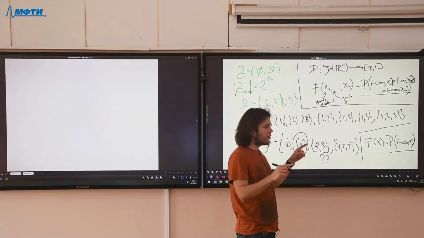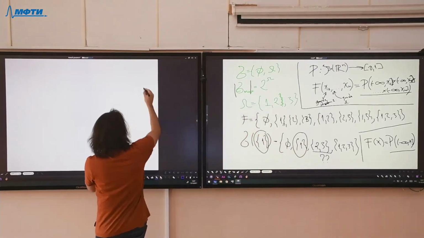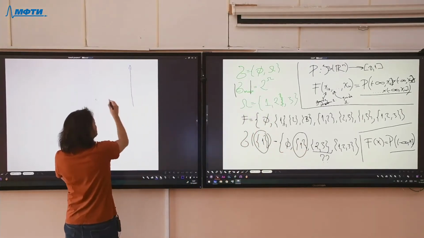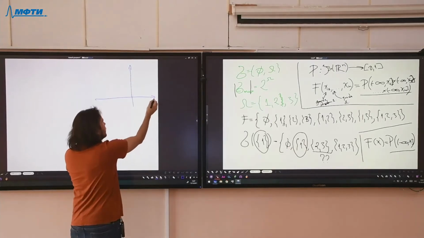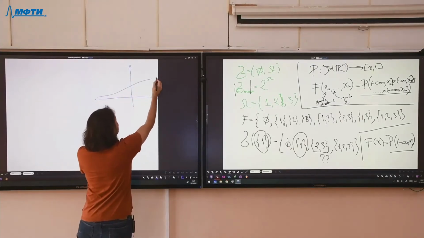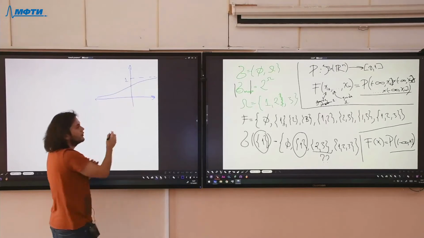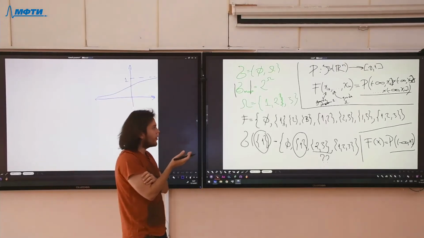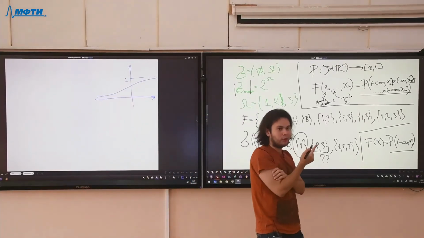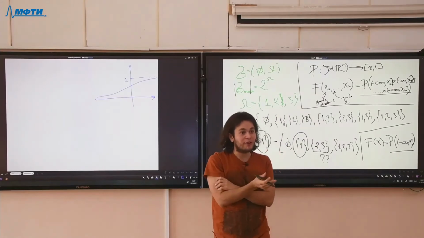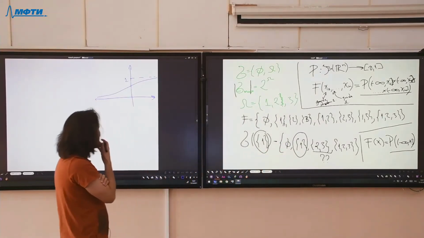So the CDF before was a function how? Right, like this. This is the CDF when we are talking about one variable. Now we are talking about different variables. So how does it look like?